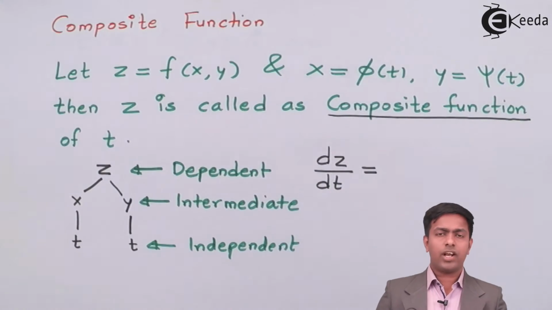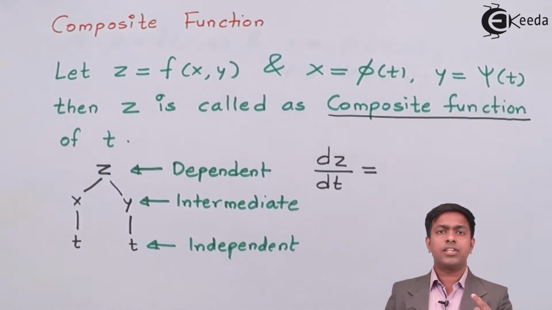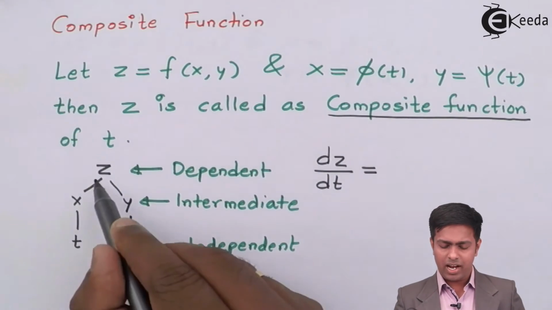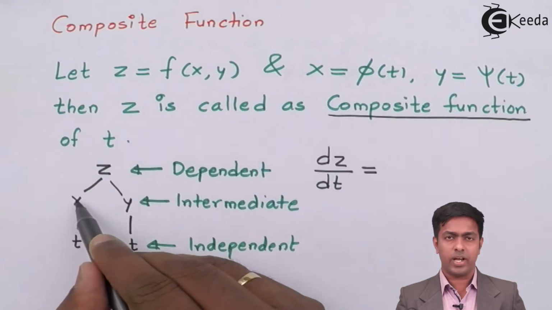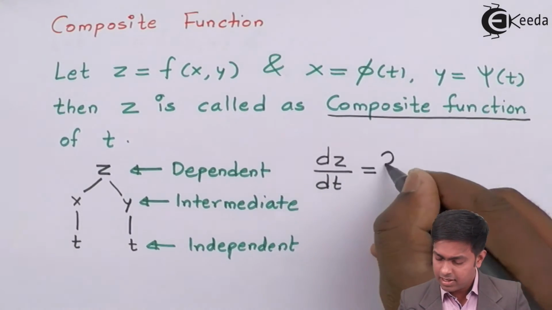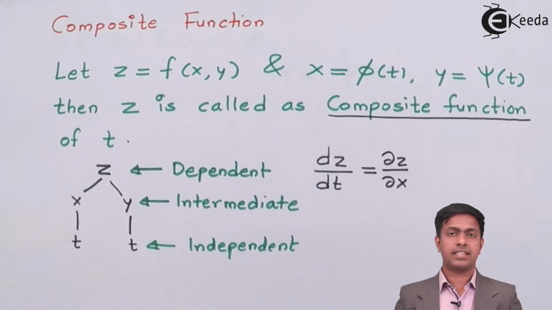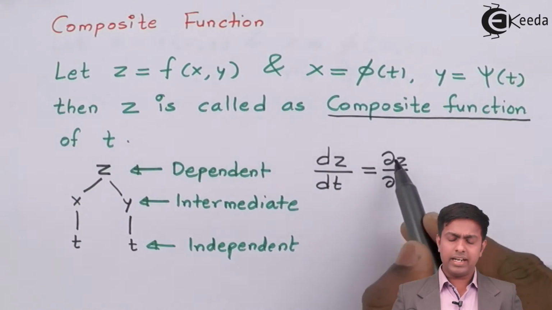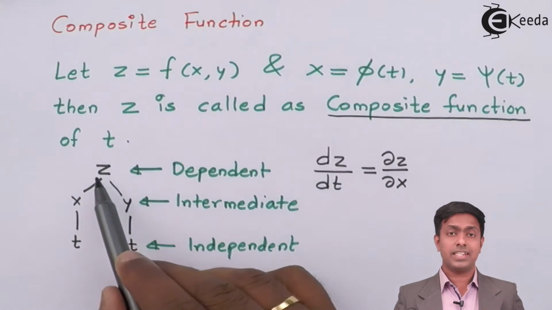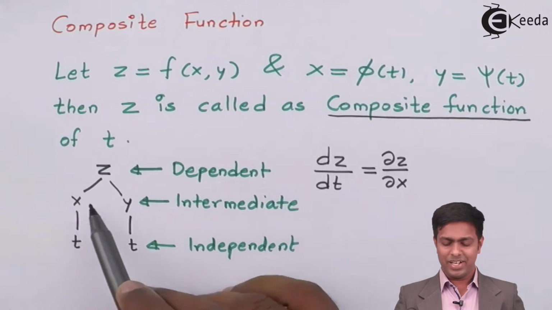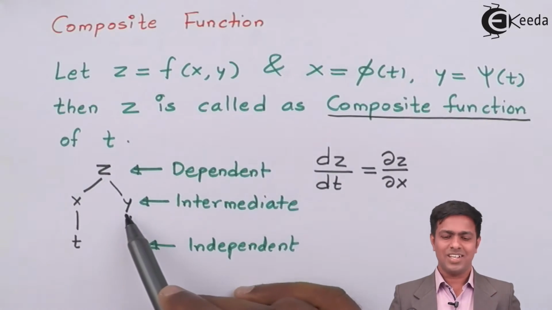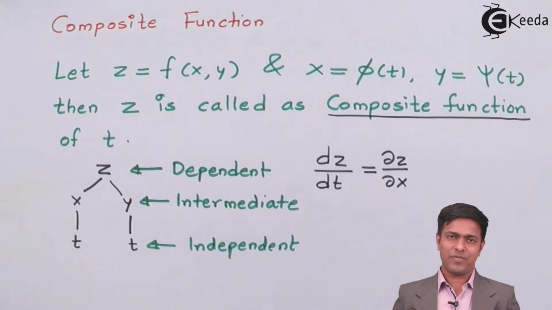We are going to write down that path using the chain rule. Here I'll write the first part, z to x, as del z by del x. You'll ask why del is written: because if I am differentiating z with respect to x, then y will be treated as constant, since we are finding the partial differentiation.